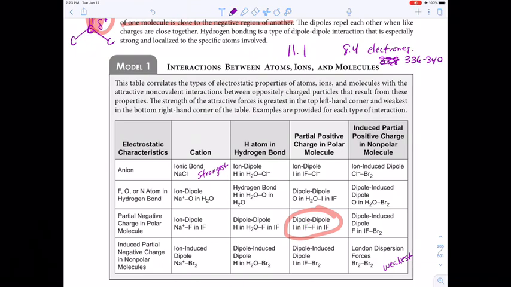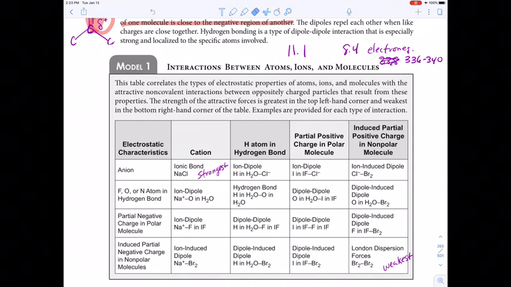Maybe a better way to draw that would have been something like this. Okay, the interaction is between the iodine and the fluoride. So that same scheme is used throughout the rest of this table.